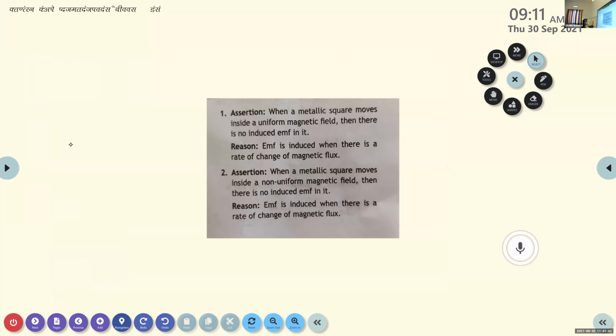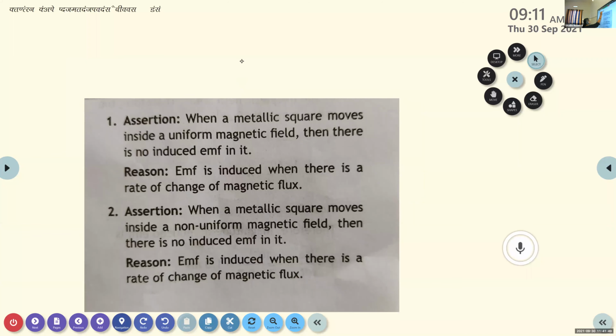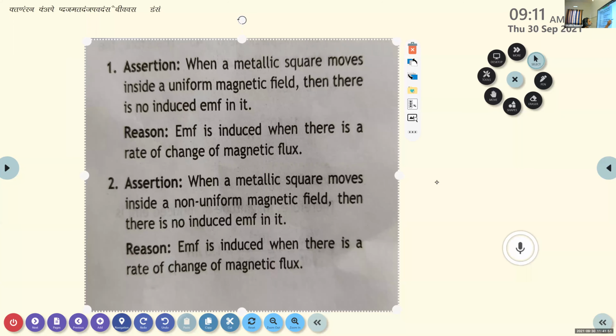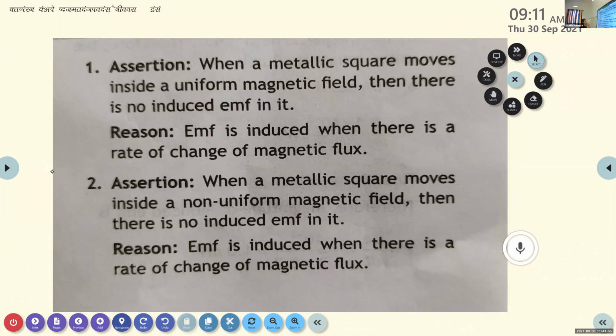So here you have the first question. Assertion: when a metallic square moves inside a uniform magnetic field, then there is no induced EMF in it. Reason: EMF is induced when there is a rate of change of magnetic flux.